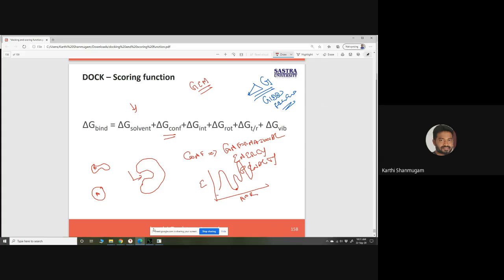Yes, sir. How do we say that? Because that is the point in the potential energy surface graph which has the least energy. Hope everyone agrees. So I'm going to label this as global energy minimum conformation.